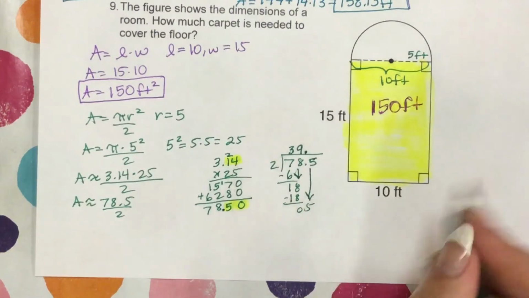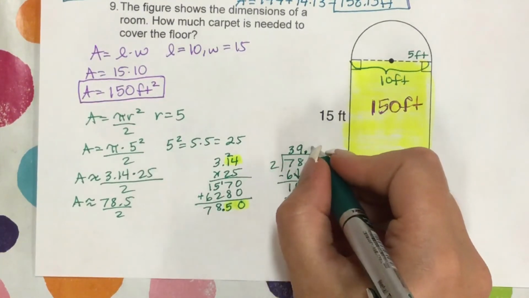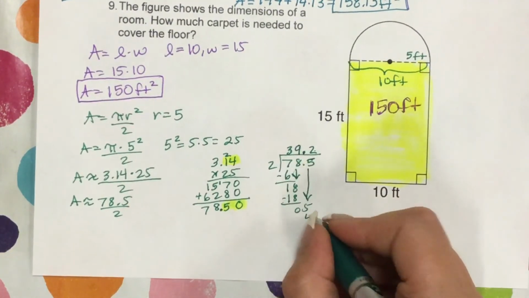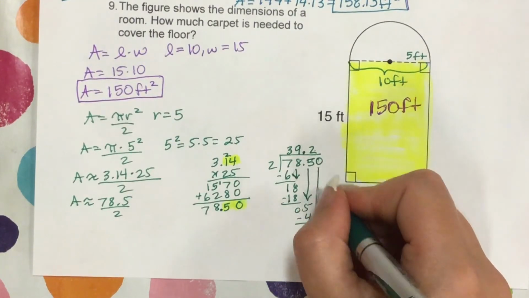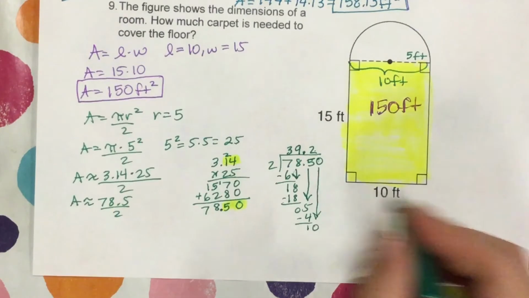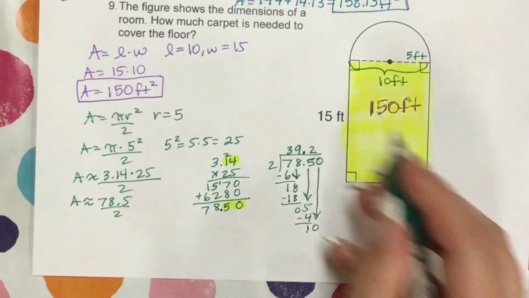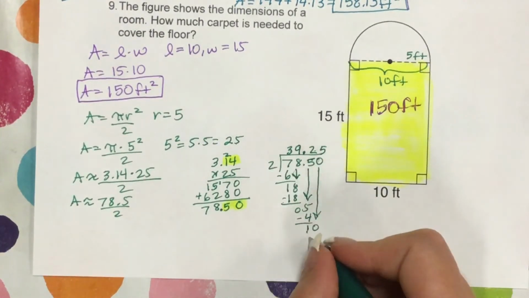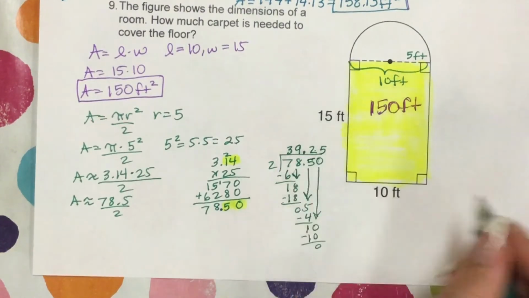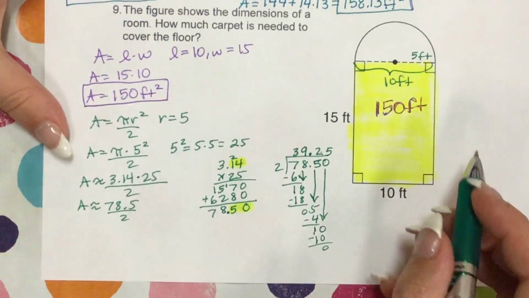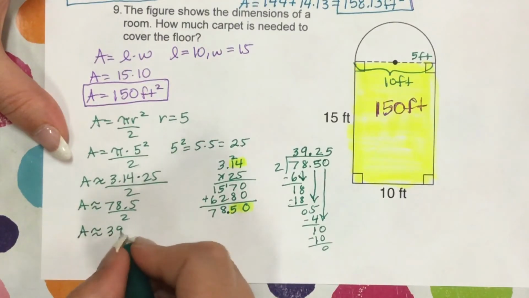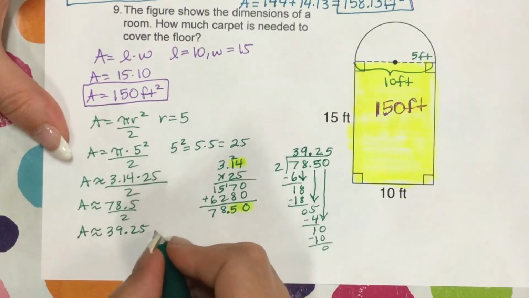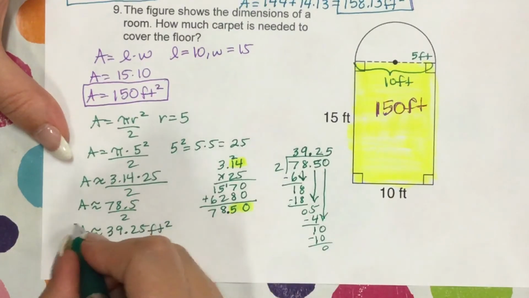Put the decimal there. 2 goes into 5 2 times. 2 times 2 is 4. 5 take away 4 is 1, and then I need to drop a 0 down because I still have a remainder, which makes it 10. 2 goes into 10 5 times. 5 times 2 is 10 without a remainder, so we know that we're done. So that means the area of the half circle is going to be 39.25 feet squared.